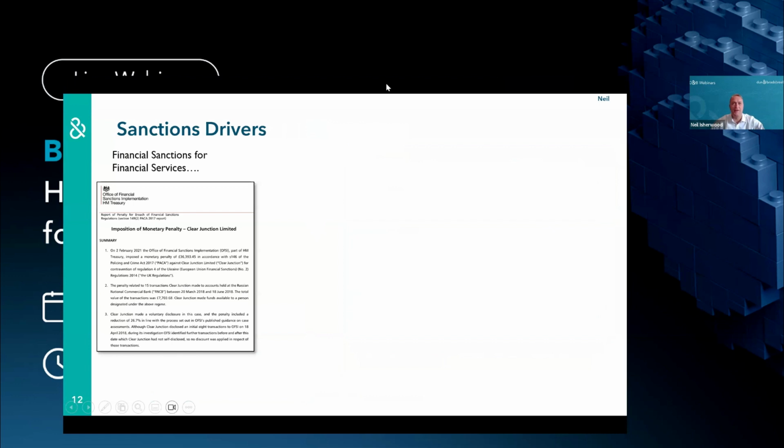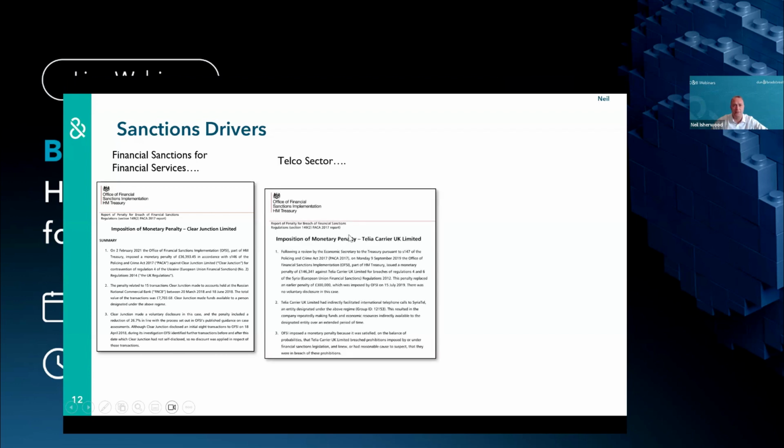And also, I think we see it's still a common misconception that sanctions are only relevant for the financial sector. On screen here, we see a fine for a payments company that made transfers into Russian bank accounts.